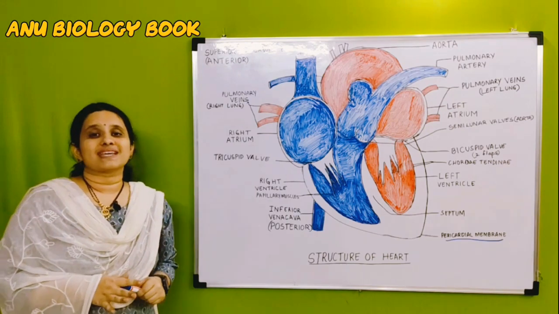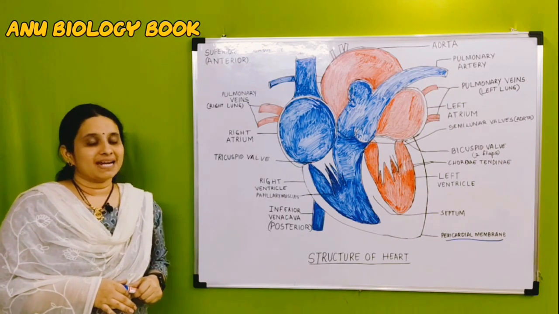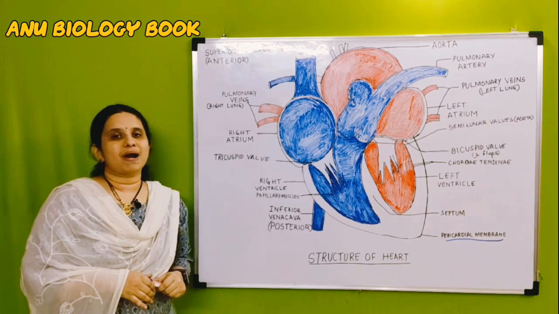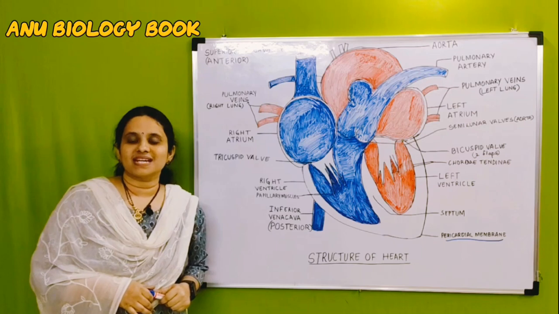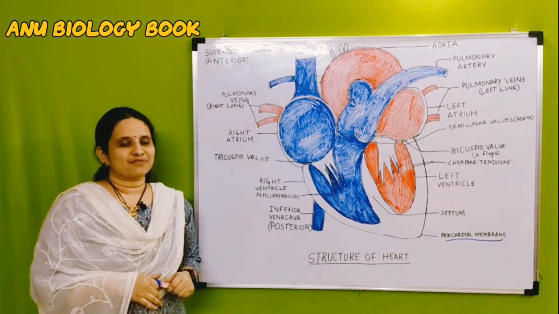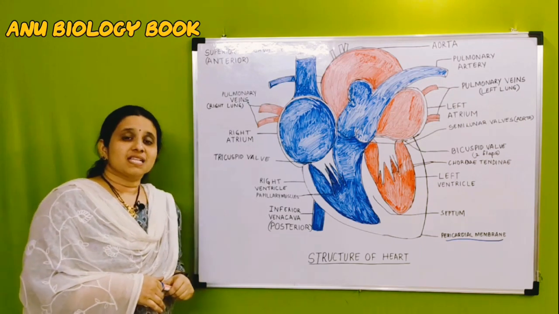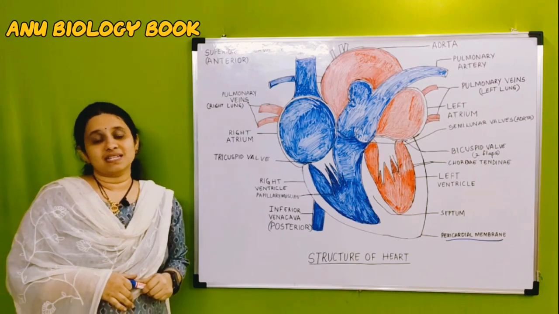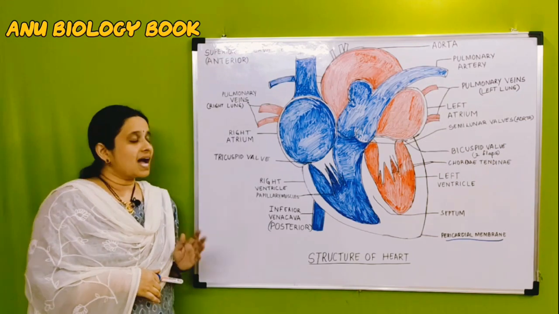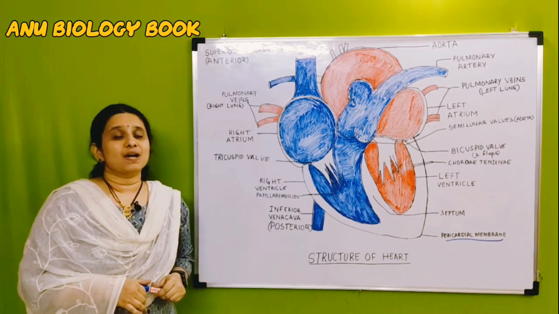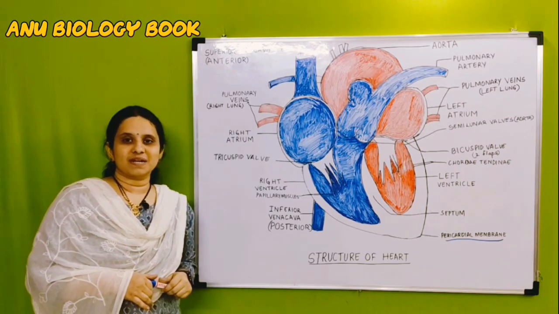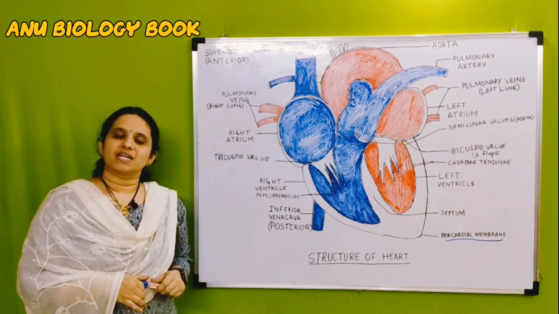Arteries always carry oxygenated blood from the heart to all the parts of the body, and veins carry the deoxygenated blood from all the parts of the body to the heart. So a simple sentence we can say is that arteries carry oxygenated blood from the heart to body parts and veins carry the deoxygenated blood from the body parts to the heart.